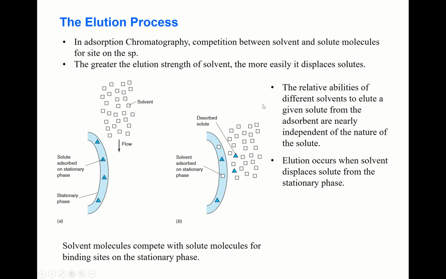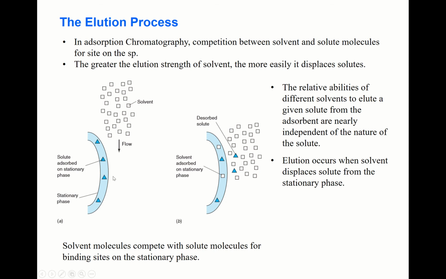For the sites on the stationary phase, the solvent and solute molecules compete with each other. Let's look at this one. These are solvent molecules, and these are solute. Now it is adsorbed on the stationary phase.